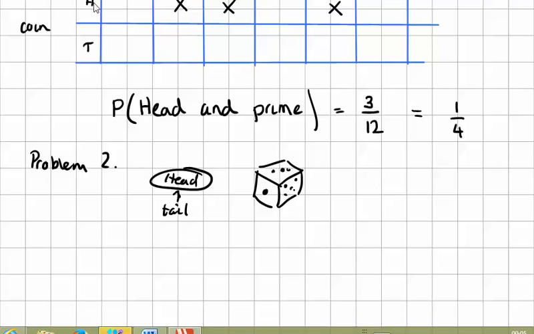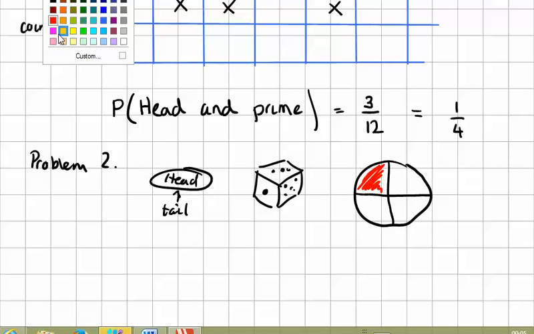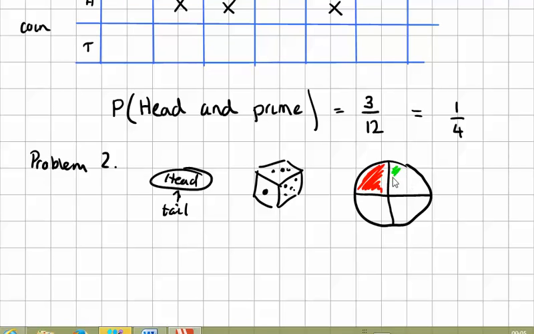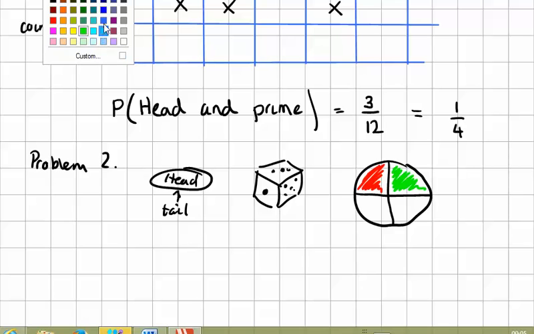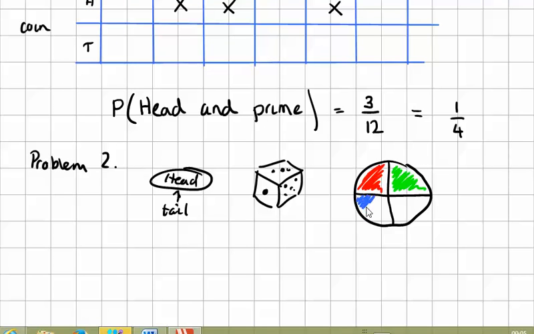And then I introduce a spinner from the top, a nice easy spinner, cut into quarters, and I'm going to say that I have red, green, blue and white.